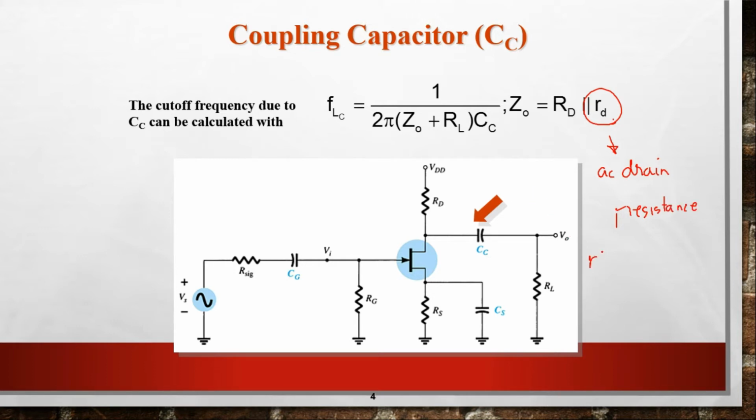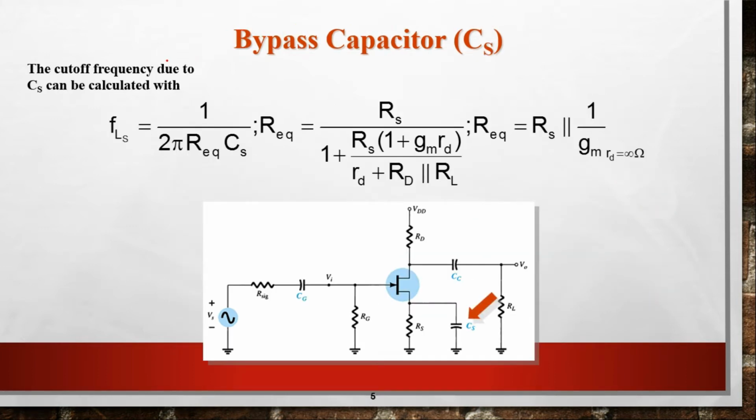Kasi pag BJT, ang concern natin ay si R prime E, yan ay yung AC emitter resistance. Dito sa mga FET, ang meron tayo ay si RD, yun si AC drain resistance. Okay? And then this is the formula that we will use for the frequency, which is due to the bypass capacitor CS, this one.